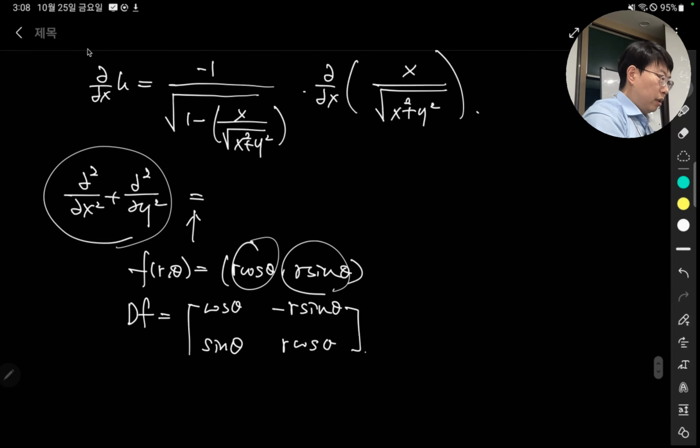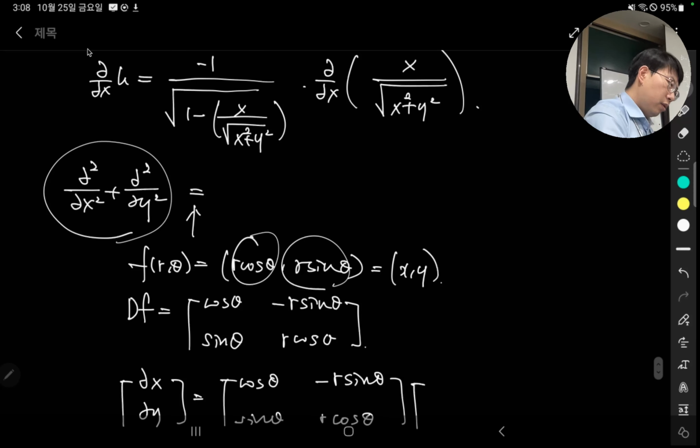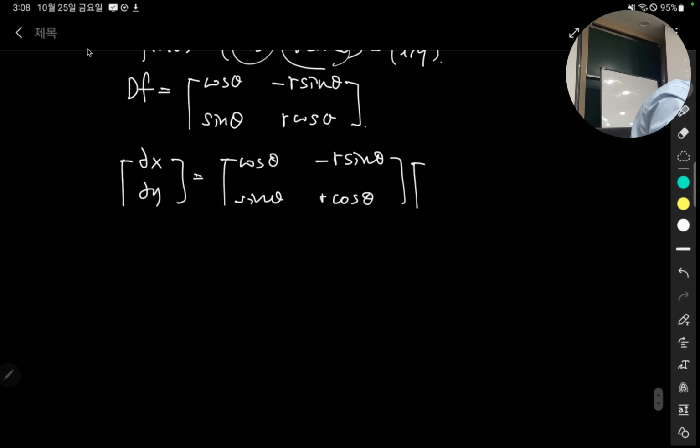So this differential gives me that information about the partial operator. It says if I have del x and del y, since it's x and y, I can rewrite this as cosine theta, minus sine theta, r cosine theta.